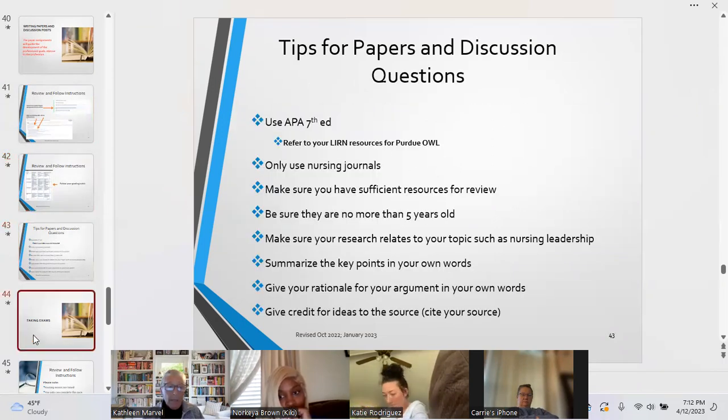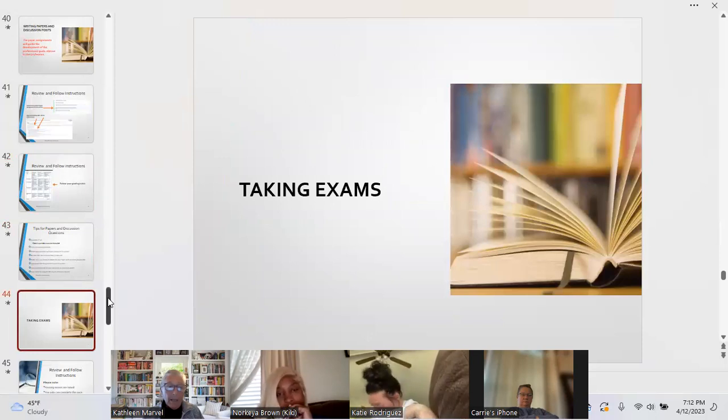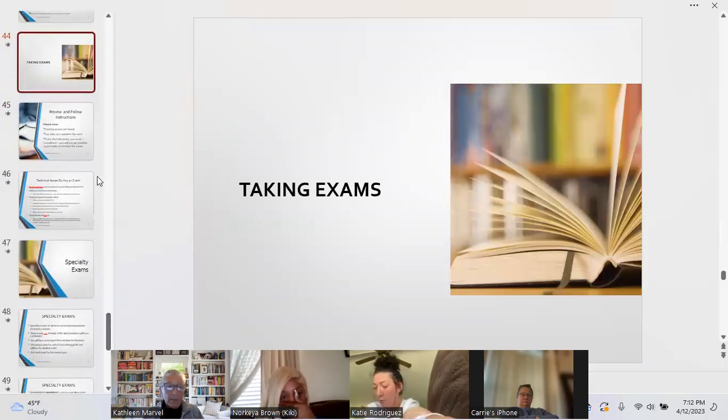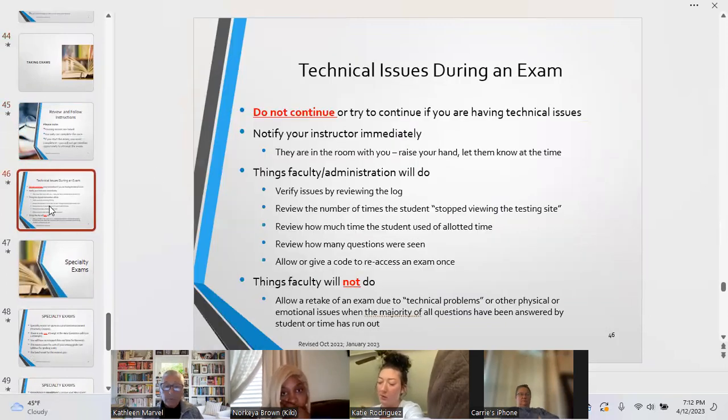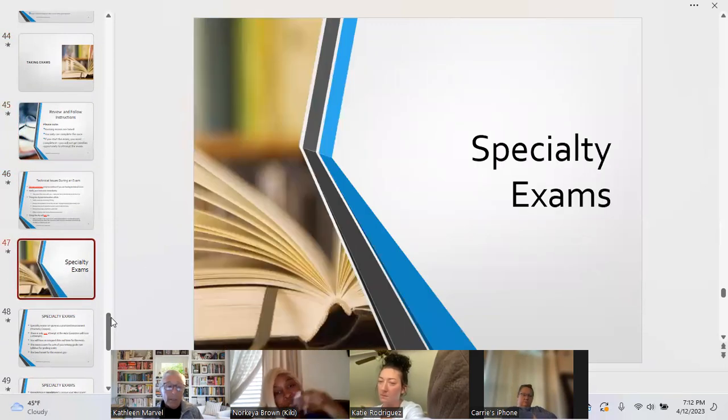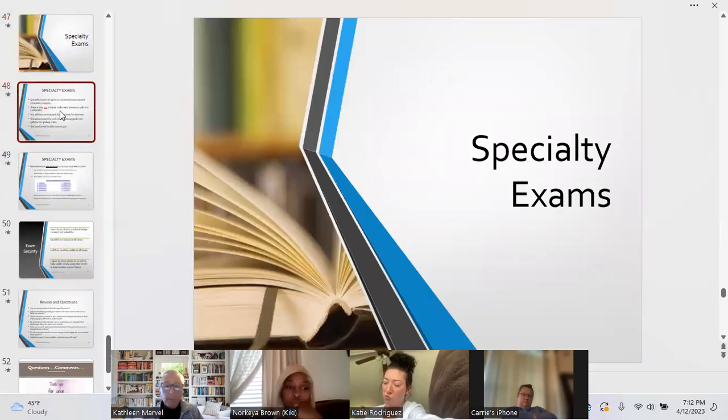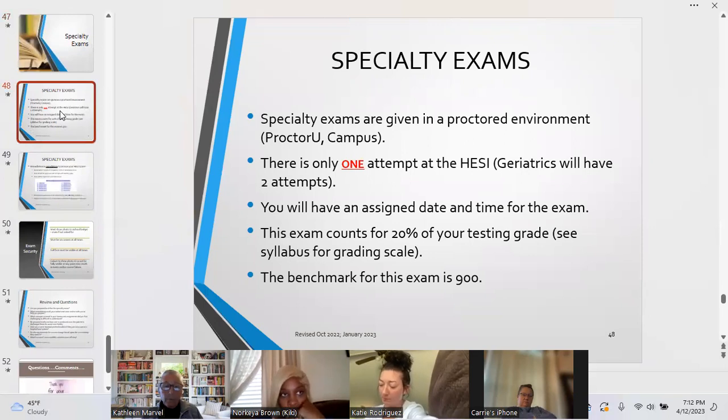This is about APA and taking exams. What more do we need to know about taking exams? We know all that. Technical issues do not continue. Specialty exams, that would be our HESI. We know that it counts for 20%.